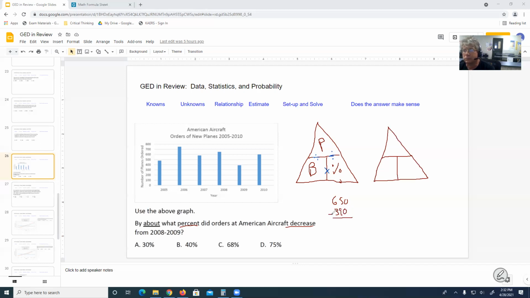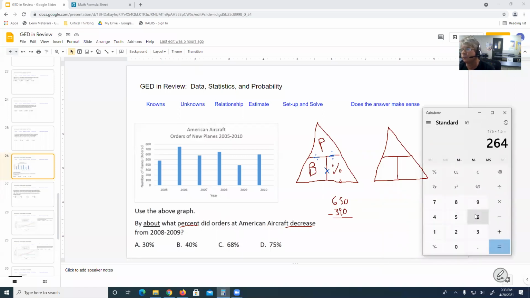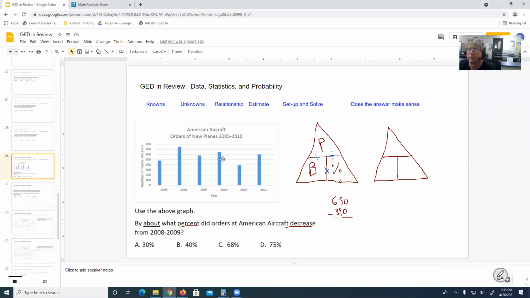Now, what they want me to do is find this decrease. Using my calculator, 650 take away the 390, and that actually gives me a 260 decrease. So the number of orders actually went down by 260.